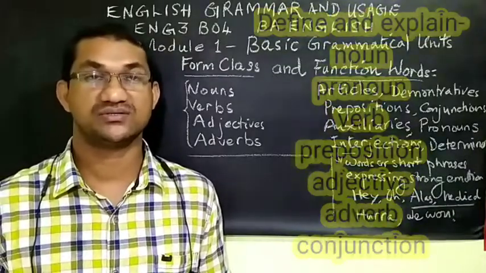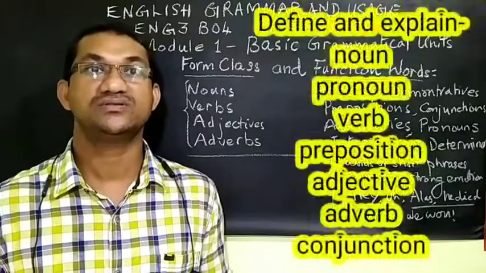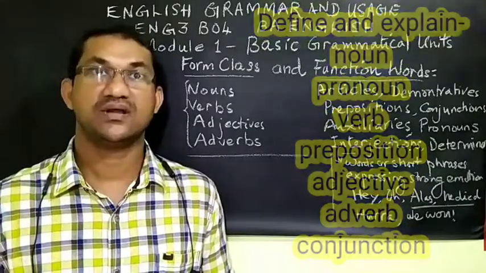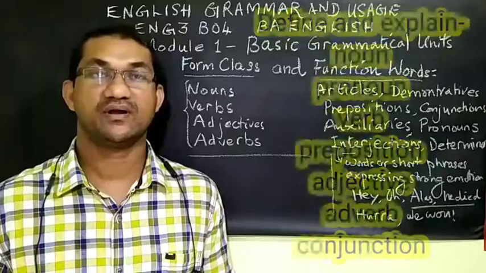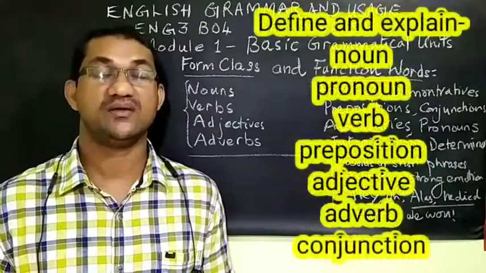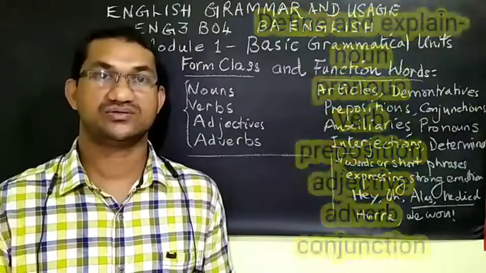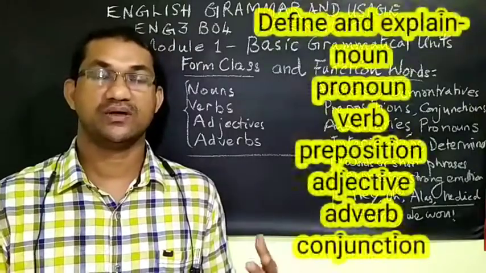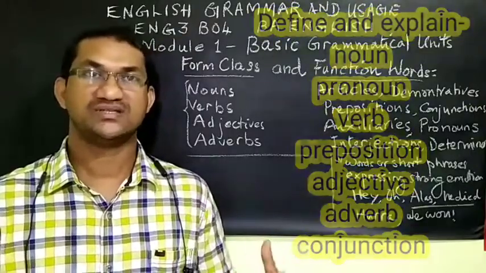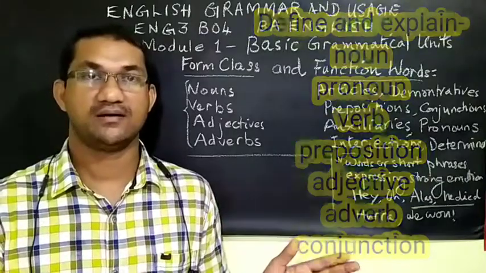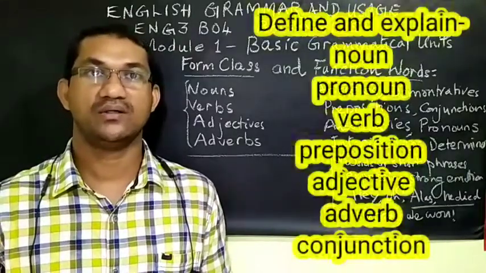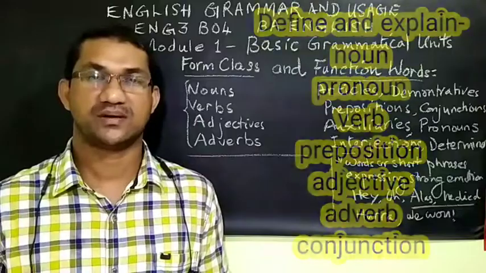What are conjunctions? Conjunctions are words that connect nouns or other words. Like we say, John and Alex are brothers. So conjunctions are connective words like and, both and, either or, yet, etc.